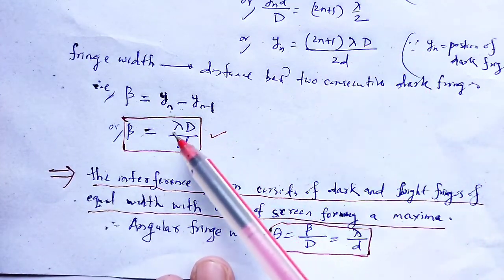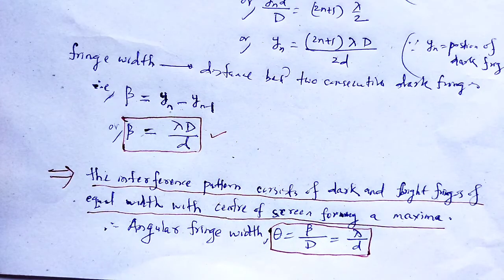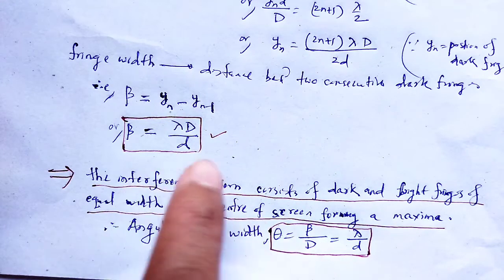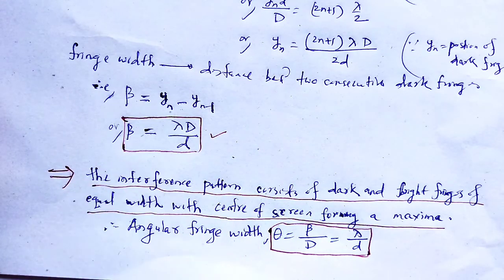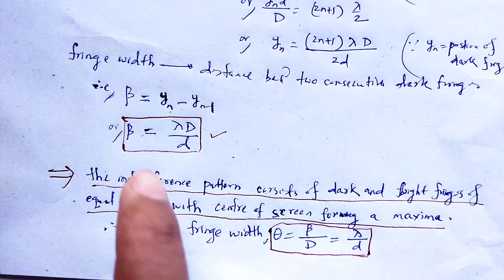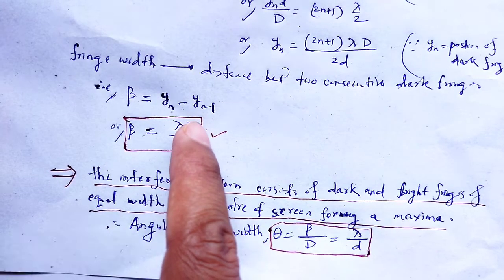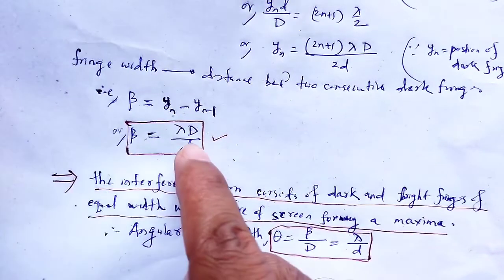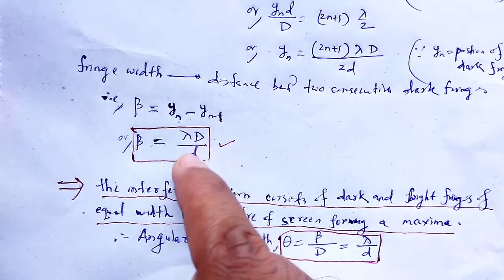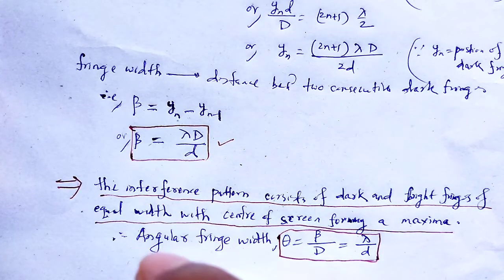There will be no factor of n. Hence all the fringes possess the same width in Young's double slit experiment. The fringe width is directly proportional to the distance between screen and slit, capital D, and inversely proportional to the separation between the two slits.